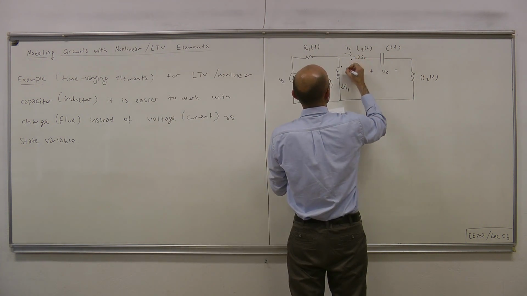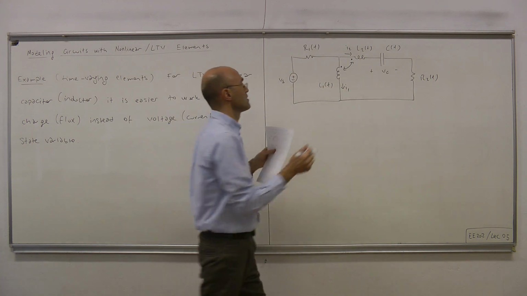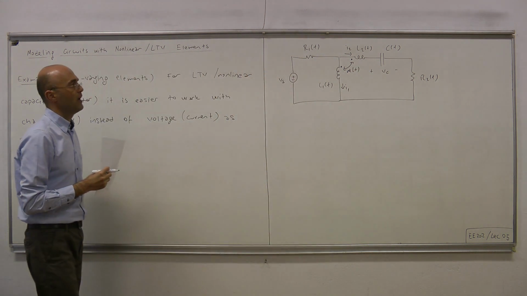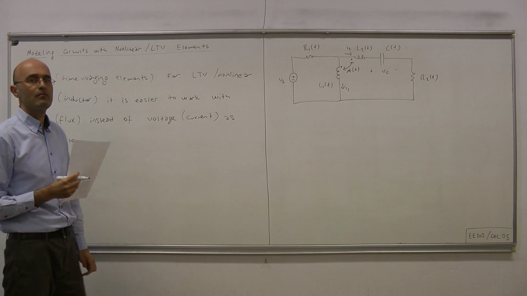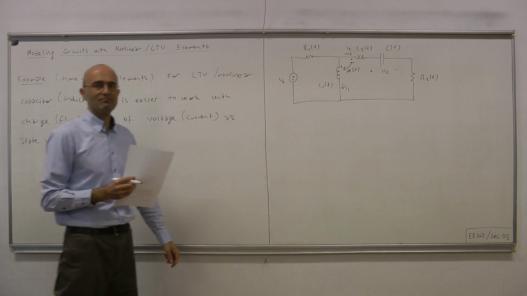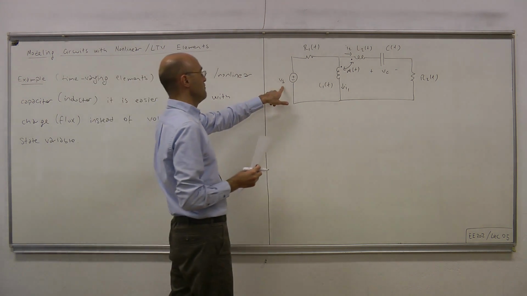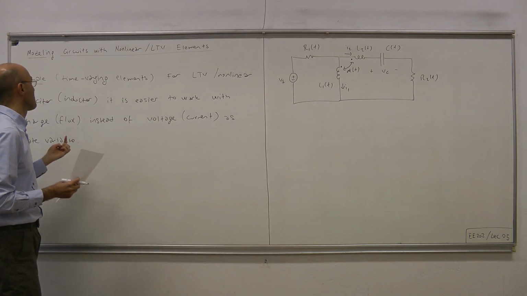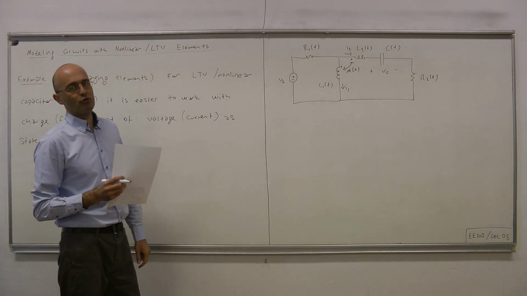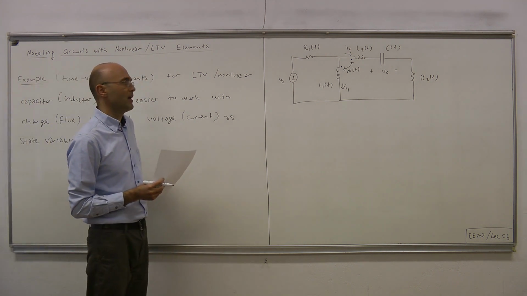Here we have the dots, and the mutual inductance is also time-varying and represented by M of t. And for this circuit, we will try to obtain the state equation, x dot equals Ax plus Bvs. Now, since the elements are time-varying, our A and B matrices are expected to be functions of time, as opposed to constant matrices for the LTI case.